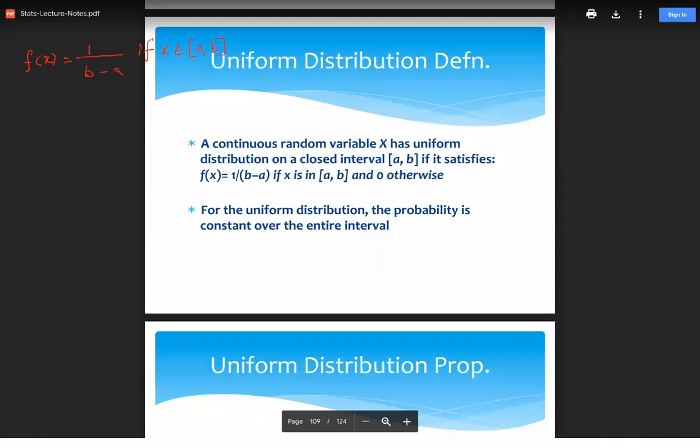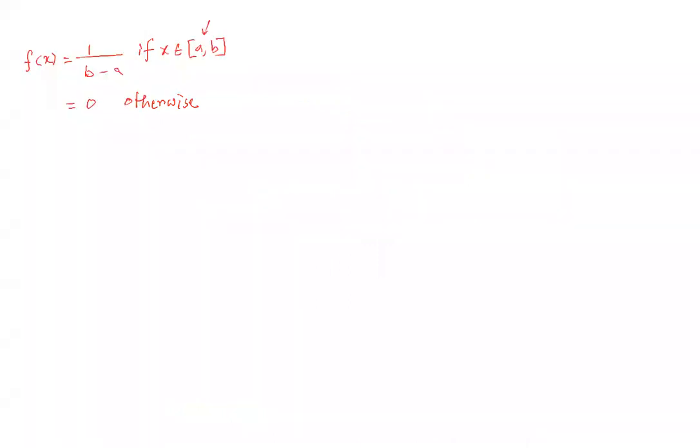If x lies in the closed interval a and b, it is defined as 1 over b minus a, or is equal to 0 otherwise. For any other value that is not in that interval, the function is defined 0. Now, how does it look like? Let me just show you.